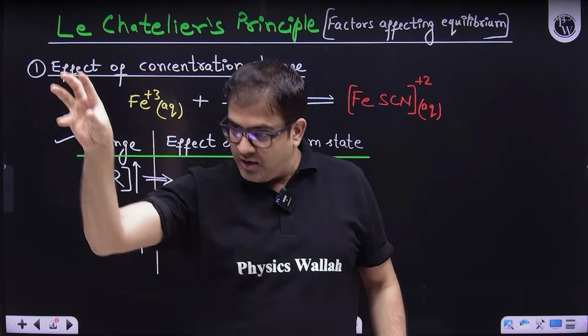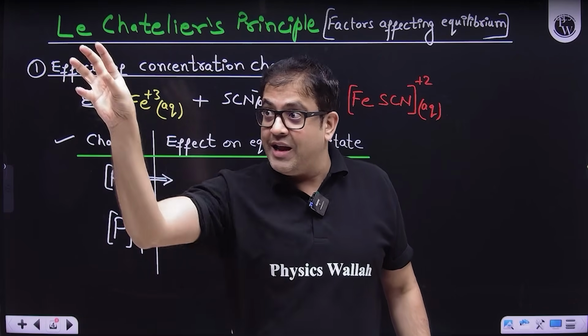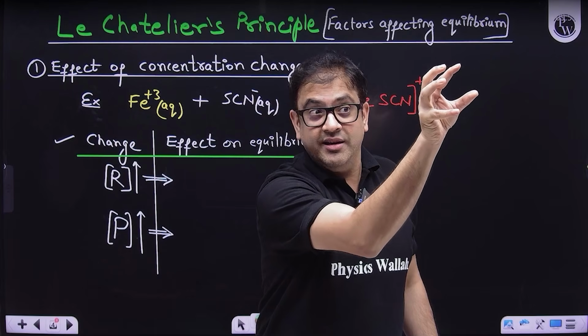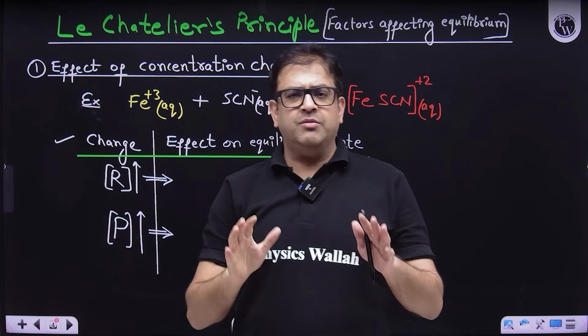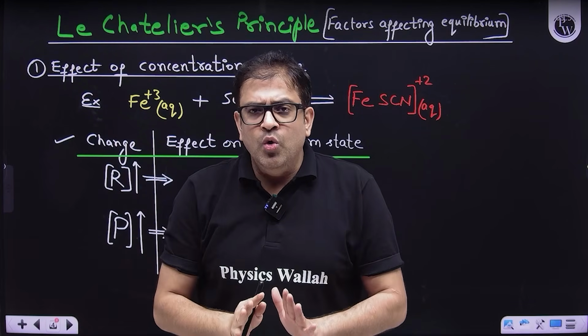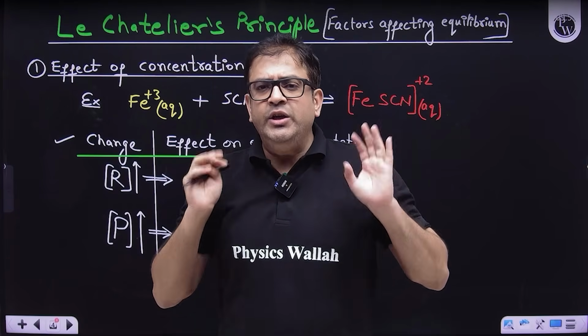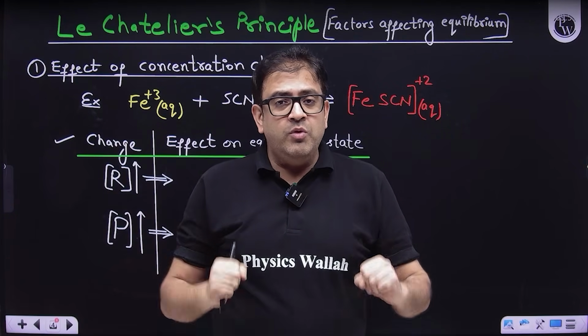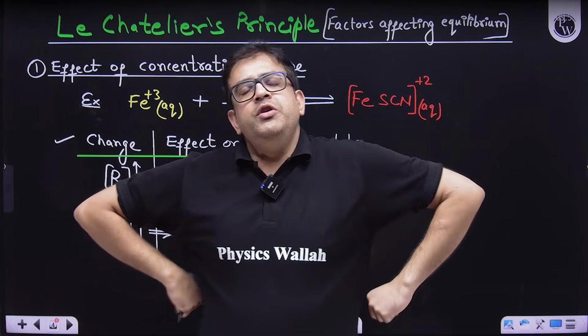If the ball is here, you will say the reaction proceeds in the forward direction. If in the reaction the ball is here, it will proceed in the backward direction. Now, you know we have reaction quotient Q. So how does this equilibrium work? Every reaction will reach equilibrium.